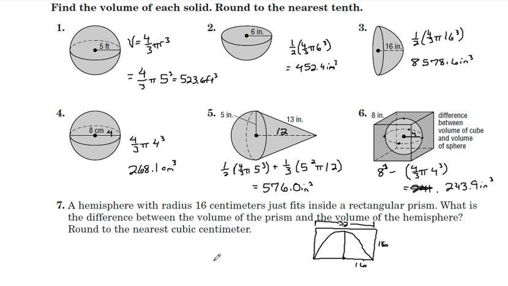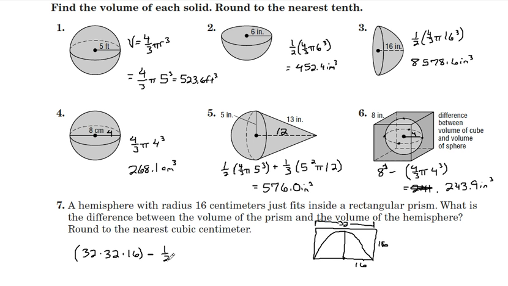Okay, so first we need to figure out the volume of this rectangular prism. We got 32 by 32 by 16. Now keep in mind, it's 32 across this way, but if we had the 3D drawing of this, it would be coming out at us at 32 as well. And there's a 16. Now we need to subtract away the hemisphere.